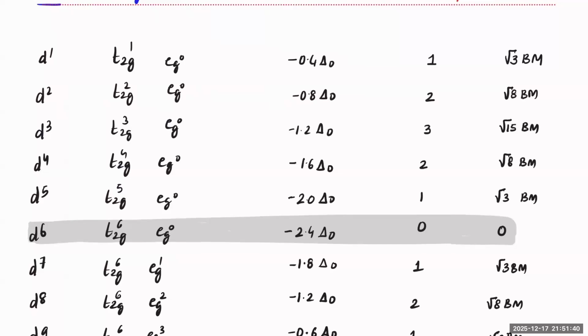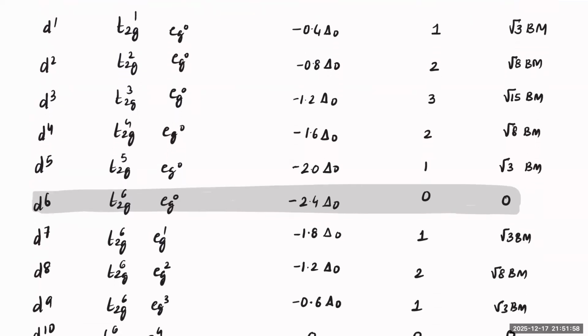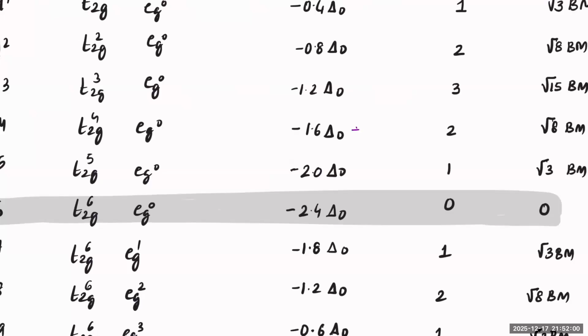When it comes to the fourth one, you have introduced a pair onto it, correct? Because in T2G there is a set of three orbitals. Now it will be 1, 2, 3, and the fourth one, so a new pair has started, isn't it? Hence, you will write here 1 into pairing energy.